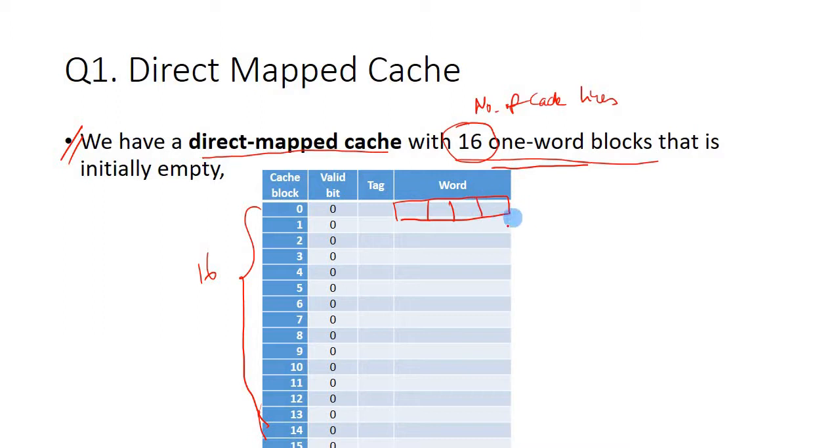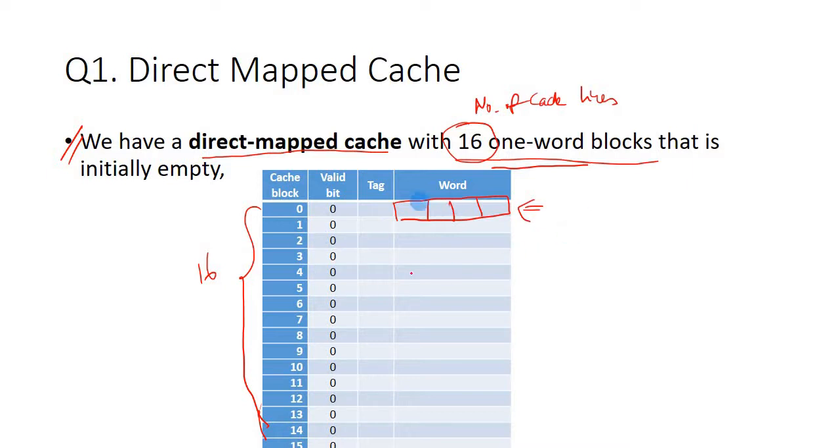In an exam or assessment, it's easy to trick you by saying this is not a MIPS processor, but a different type of processor where one word is just 2 bytes, so you have to be very careful to understand the context of this one word. In this case it's a MIPS processor, so one word is 4 bytes. This will tell us how many byte offset bits we need.